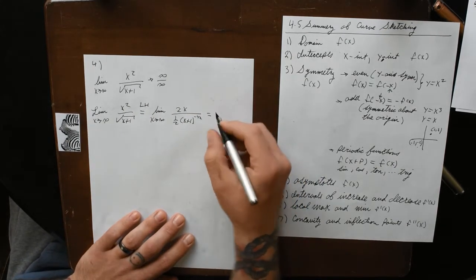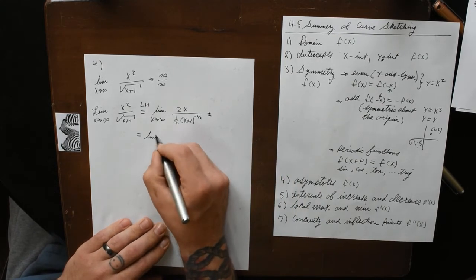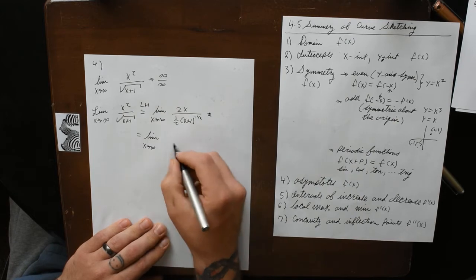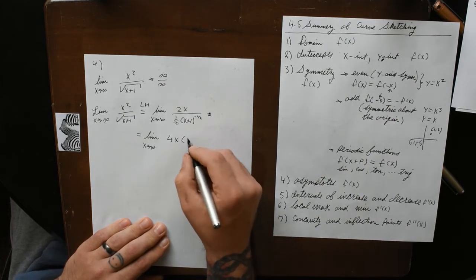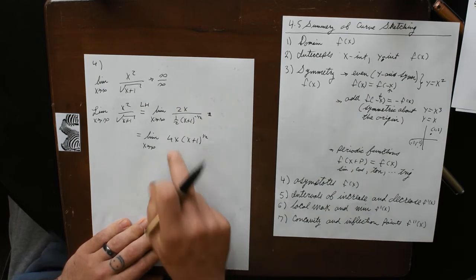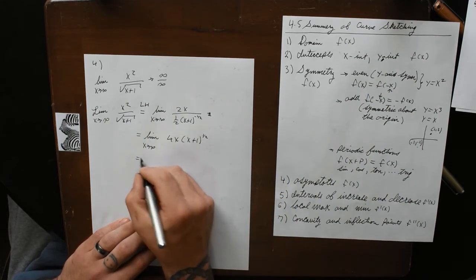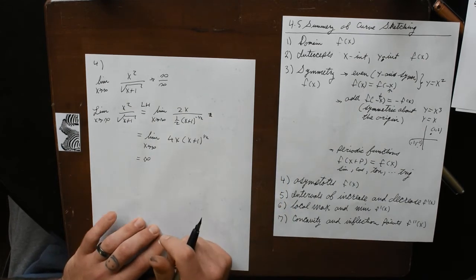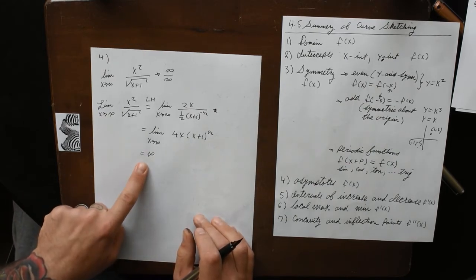This is equal to, by algebra, the limit as x goes off to infinity of 4x times the square root of x plus 1, now to the positive 1/2. Infinity times infinity is just an infinity, so this thing tends to a positive infinity. So we know that we do not have a horizontal asymptote.